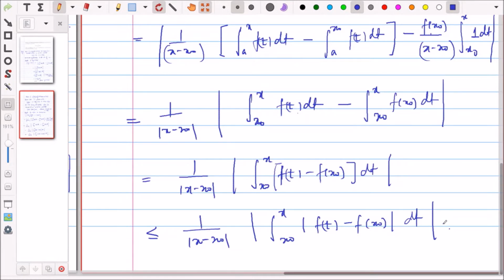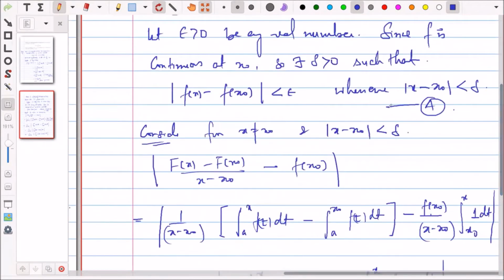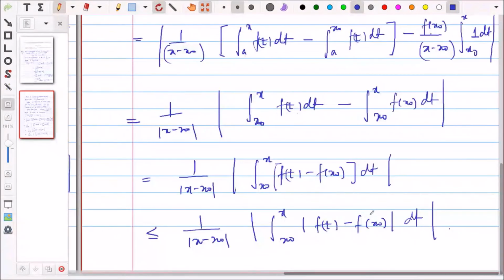This t, where is it lying? Yes, between x naught and x. T is lying between x naught and x, right? And the distance between x naught and x is less than delta. हमने जो start करा था, we took the distance between x and x naught to be less than delta, and t is lying between them, so the distance between t and x naught is also less than delta, right?